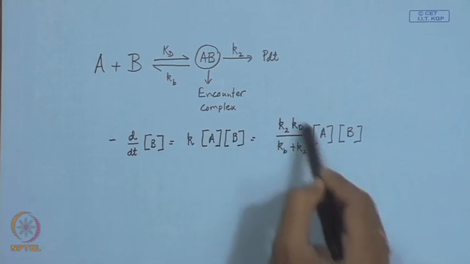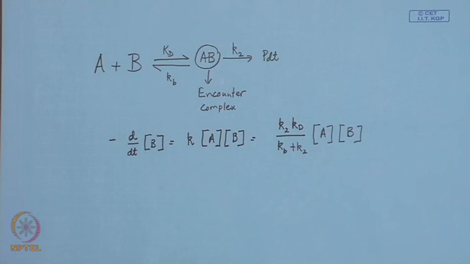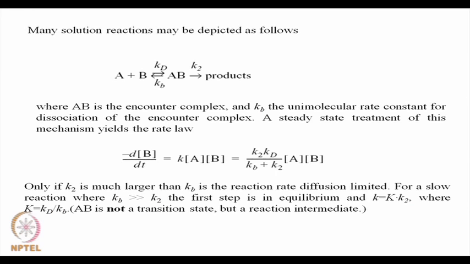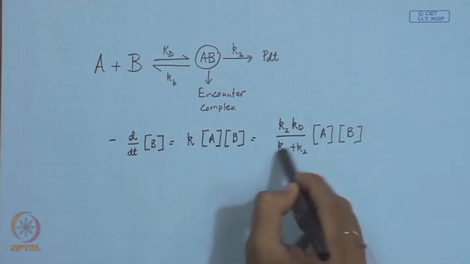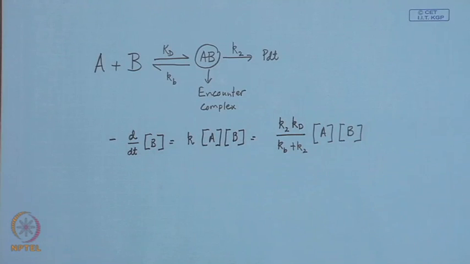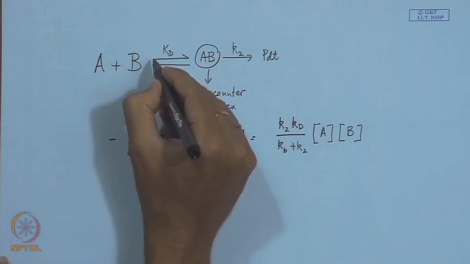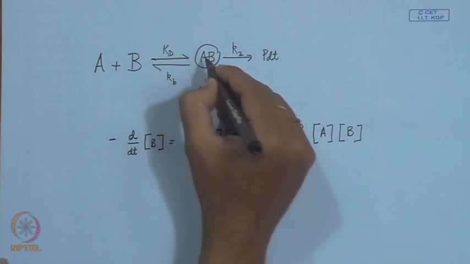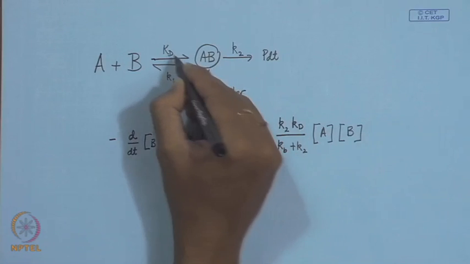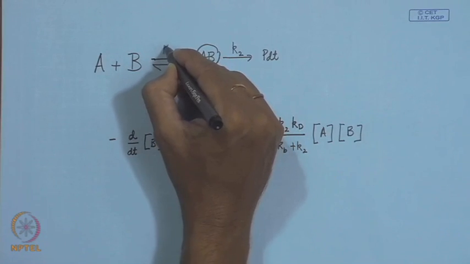Only if K2 is much larger than Kb, then the reaction is diffusion limited. If larger, then you can neglect Kb and K2 gets cancelled. So, this is basically formation of your encounter complex. This is your diffusion rate Kd.